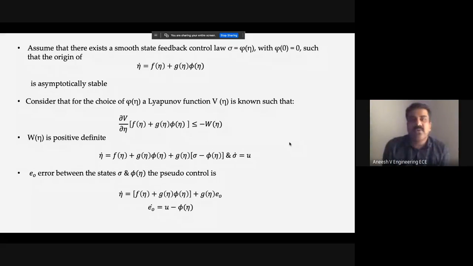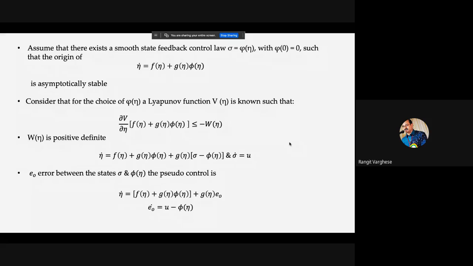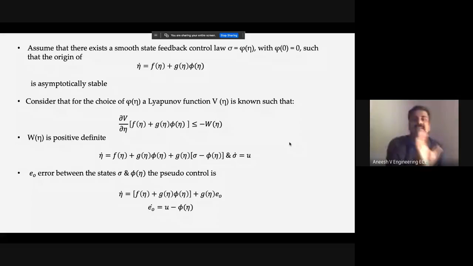Then eta dot equals f of eta plus g of eta phi of eta, and the system is asymptotically stable. That is, after giving a state feedback control law, the system should be asymptotically stable. Once it is asymptotically stable, only then can we do the feedback linearization. In this condition also, we need to check whether the system is in lower triangular form or not.